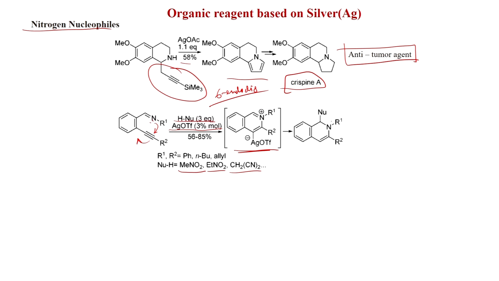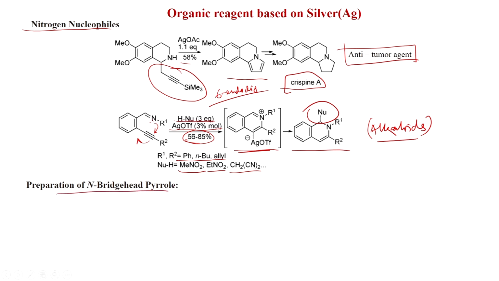Now this is the iminium ion, here the nucleophile will attack, and you can get this product in 56 to 85% yield. So, R1, R2 can be phenyl, n-butyl, allyl, and the nucleophile I already told, nitromethane, nitroethane, and malonyl can be used. So, this is very important. You can get these alkaloid compounds very efficiently with the incoming nucleophile present here.